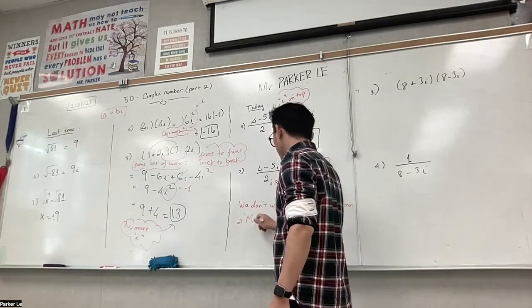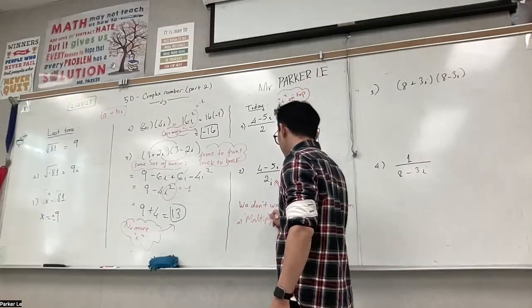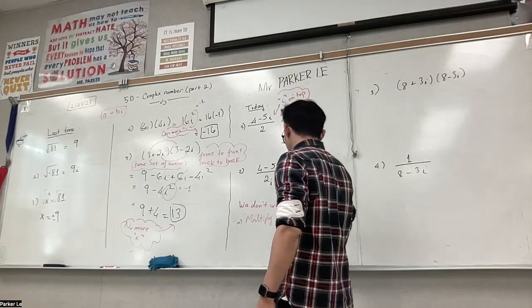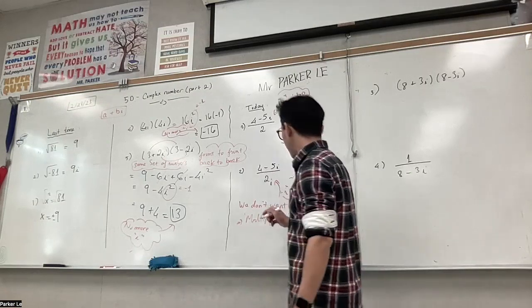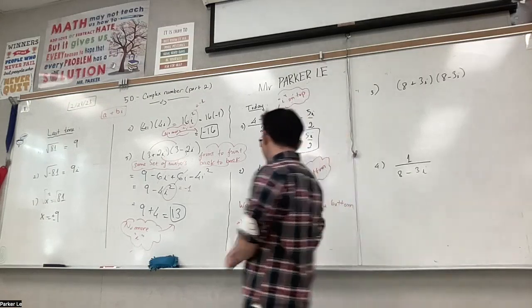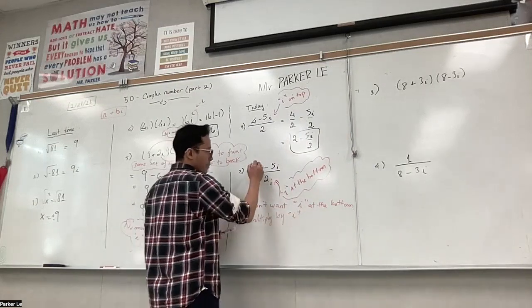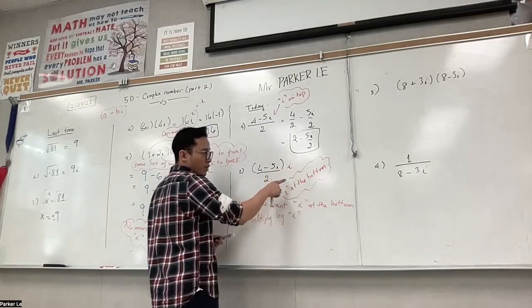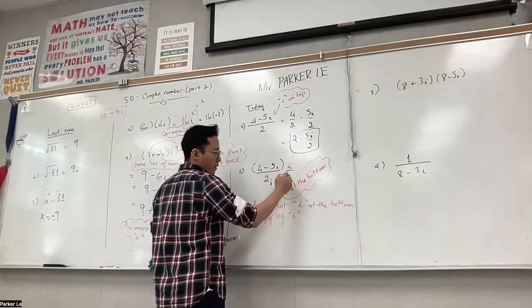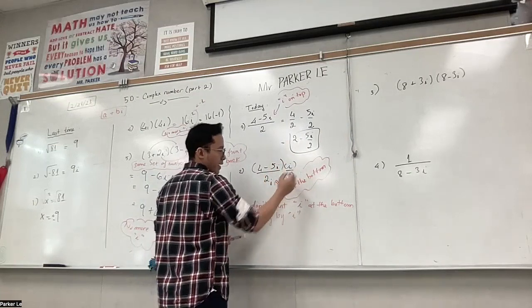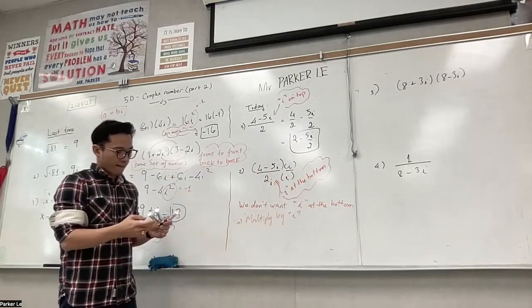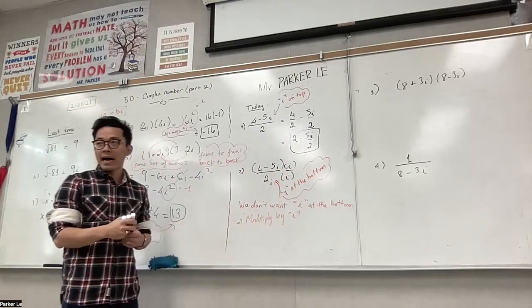Very good. That's what we're going to do. Because look at this. When you multiply by i, let's say multiply everything by i. Whatever I do to the bottom, I need to do to the top as well. That's what we're going to do to get rid of the i at the bottom.